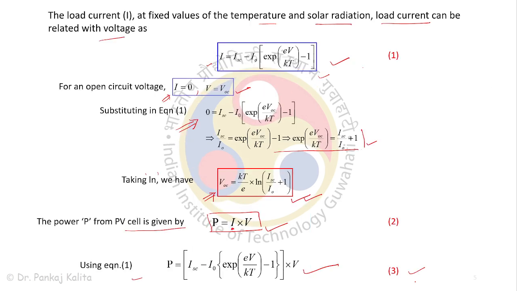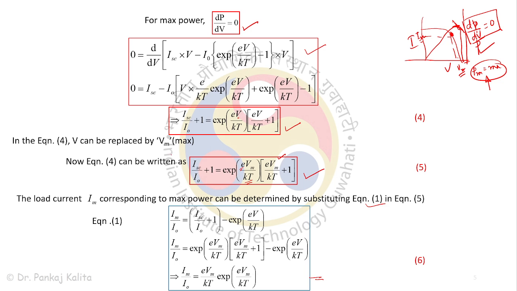Basically, in this derivation, what has been explored here is how to calculate the open circuit voltage, and how to get ISC by the I naught relationship. This is the important formula, and this is your important formula.